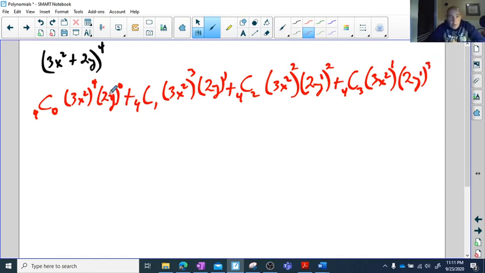Remember the checkpoint? 4 and 0 is 4, 3 and 1 is 4, 2 and 2 is 4, 1 and 3 is 4. Now I still got one more to go. So you're not done until you get to 4 choose 4. Now you know you're at the last number. 3x squared will be to the 0. 2y will be to the 4.